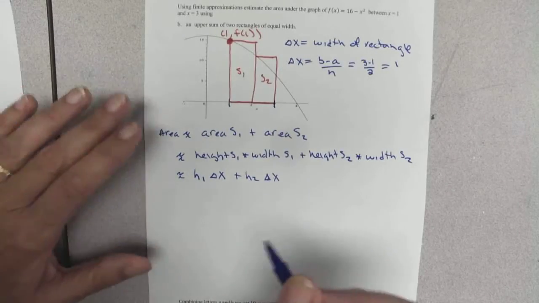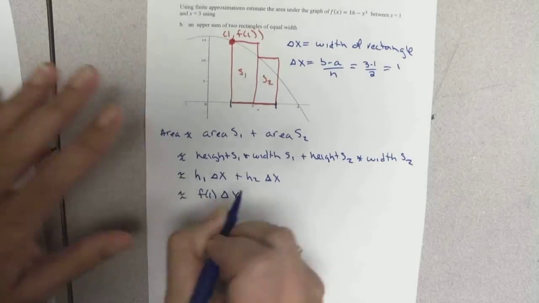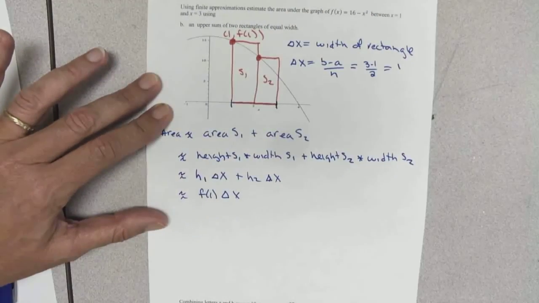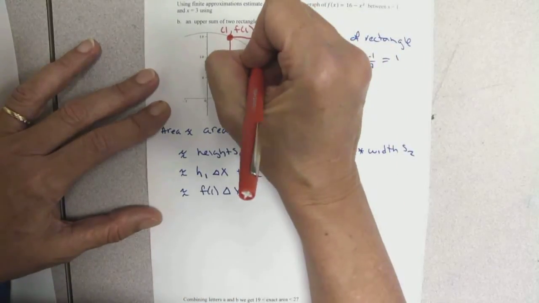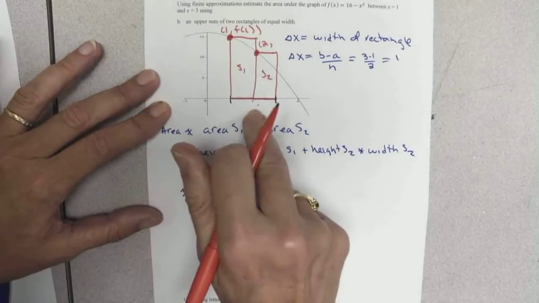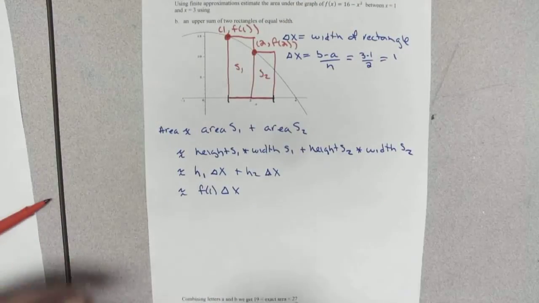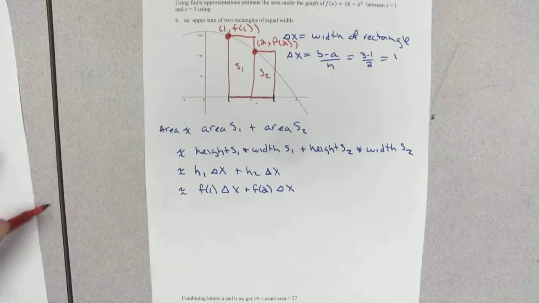The y coordinate is f of 1. So this is going to be f of 1 delta x. Similarly, my second height is right there. There's the height of the second rectangle. 2 is the x coordinate, which makes the y coordinate f of 2. So my second height is f of 2.